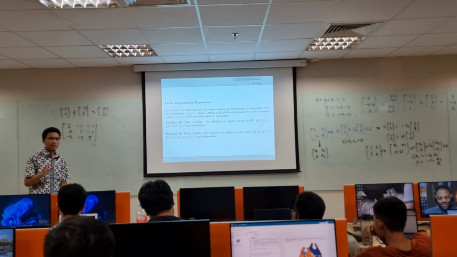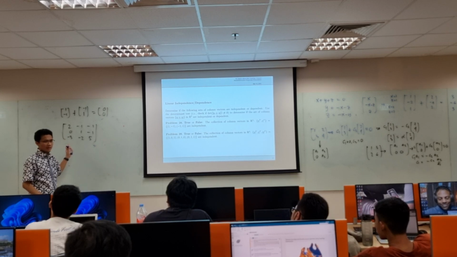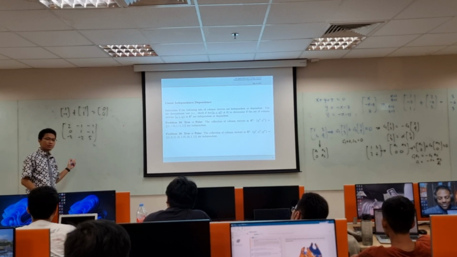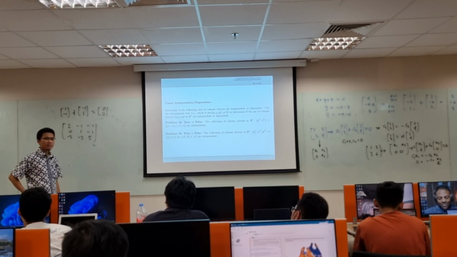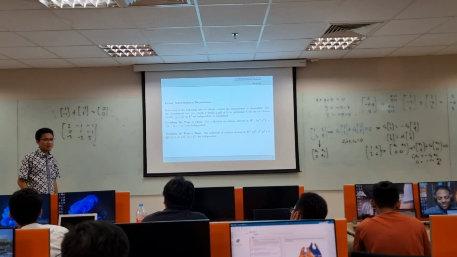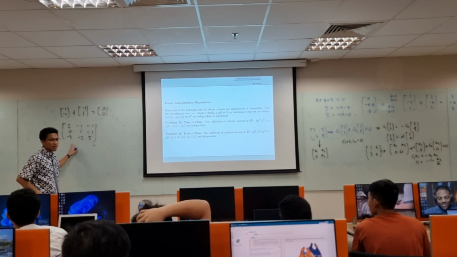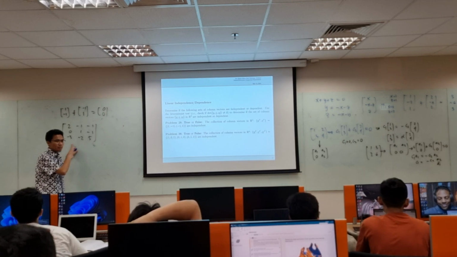And then if I ask you how many of these columns or how many rows are independent or dependent, what to do? How many of them are independent? How many are dependent? What's the rank? The rank of this is 2.